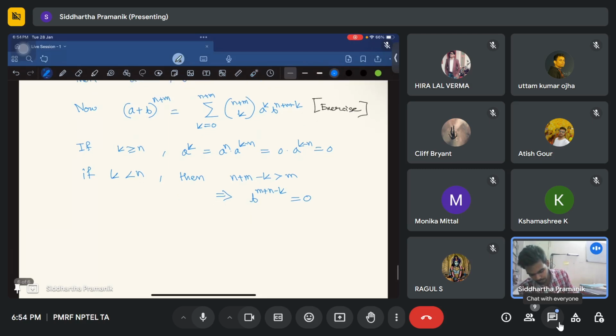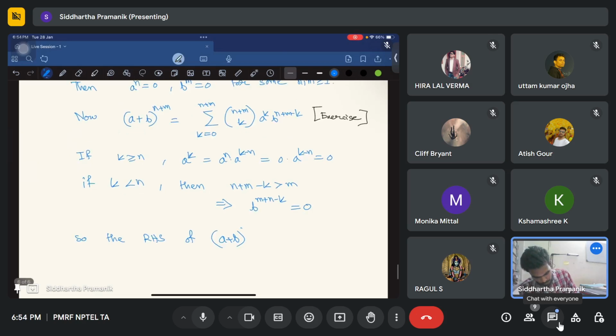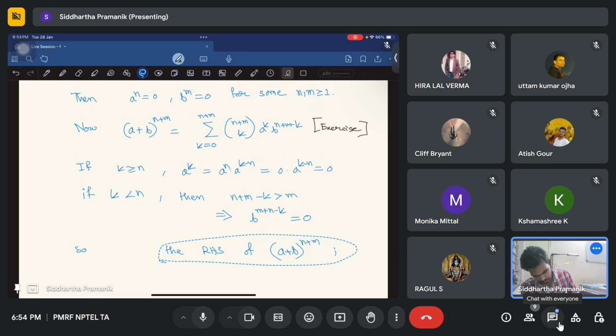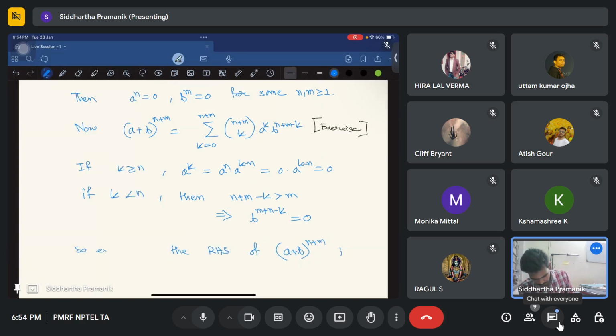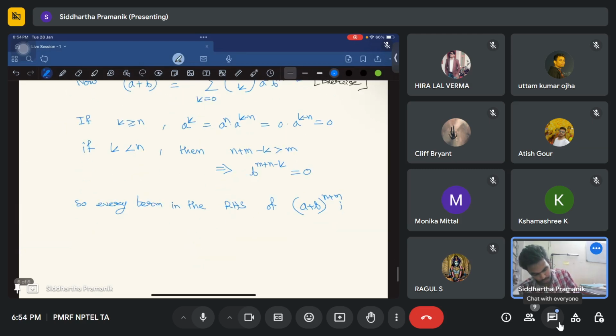So every term in the RHS of a plus b power n plus m is 0.